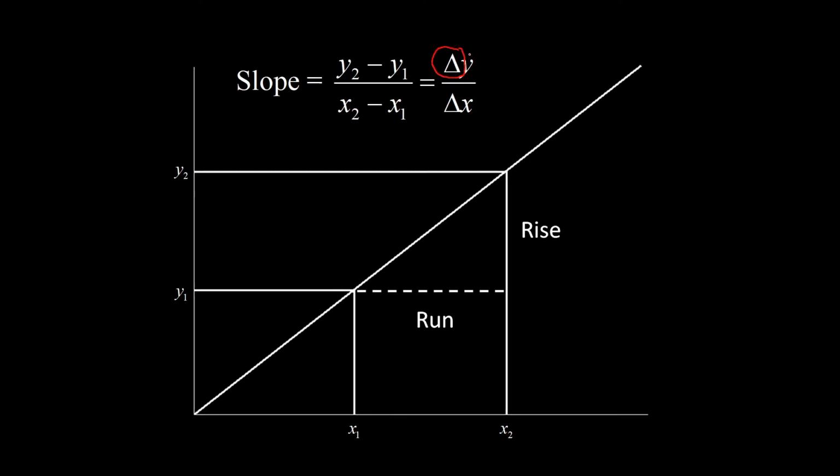Now, delta always means, in math, final minus initial. And in this case, it's written as 2 minus 1. And that's what delta means. We have delta y over delta x, and it means exactly this.